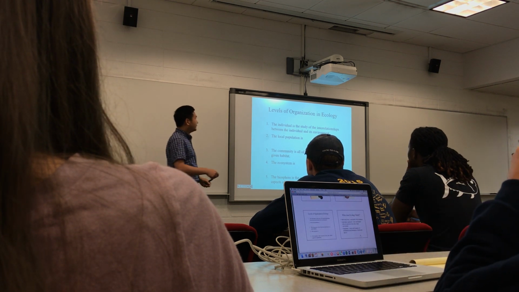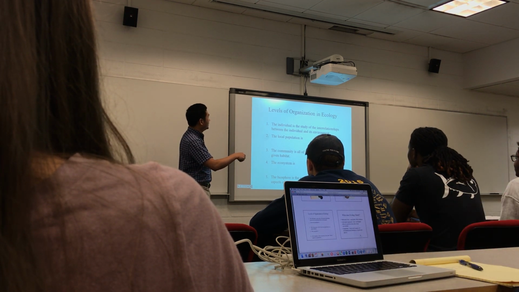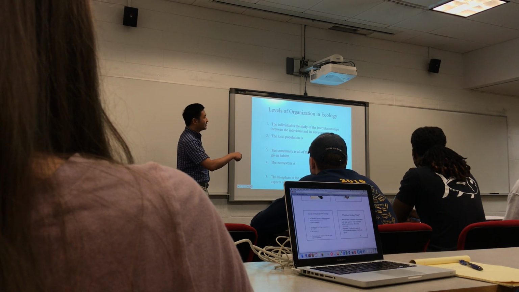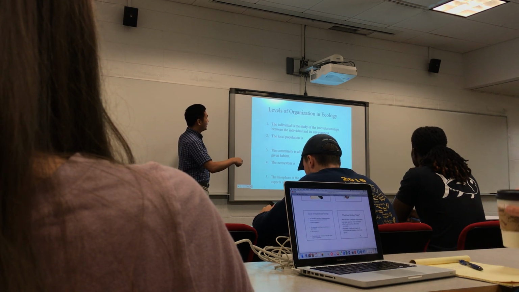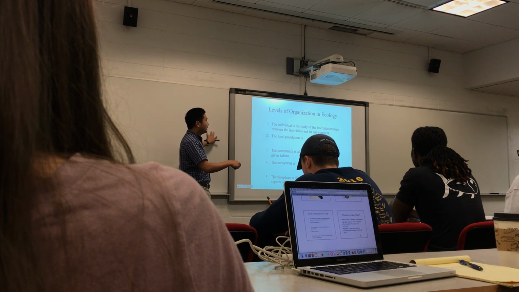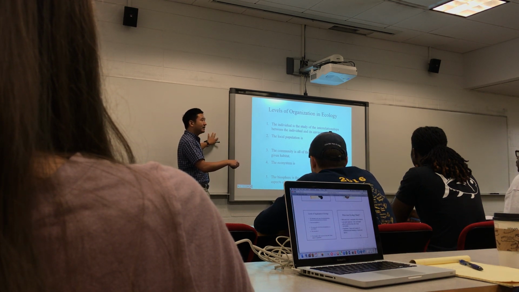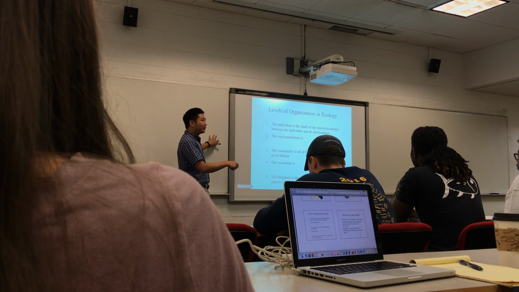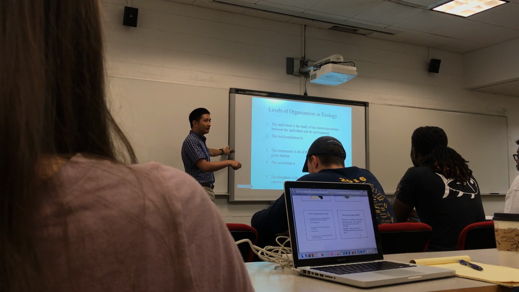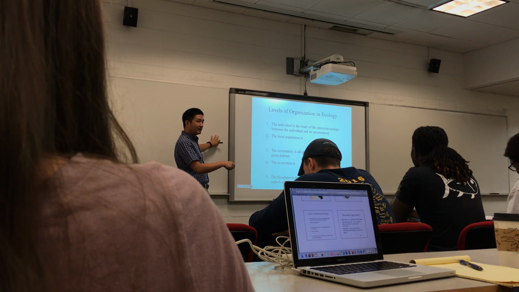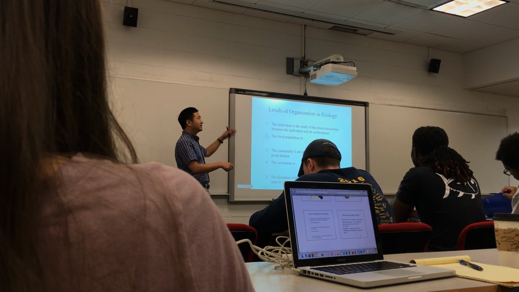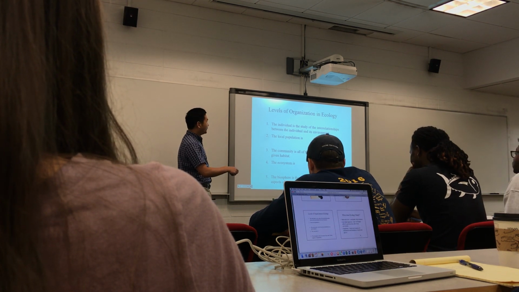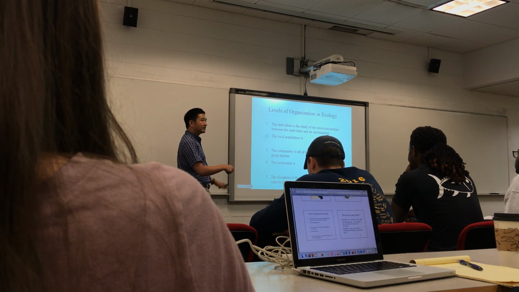We have the individual level, as you can see, the organisms. And the local population is the group of individuals from the same species. We already defined it before. The community is everybody.